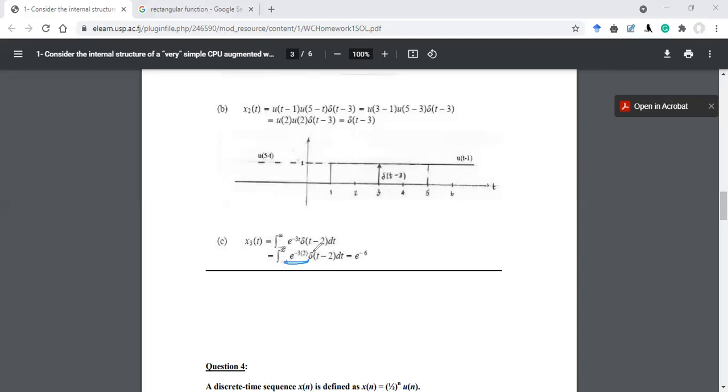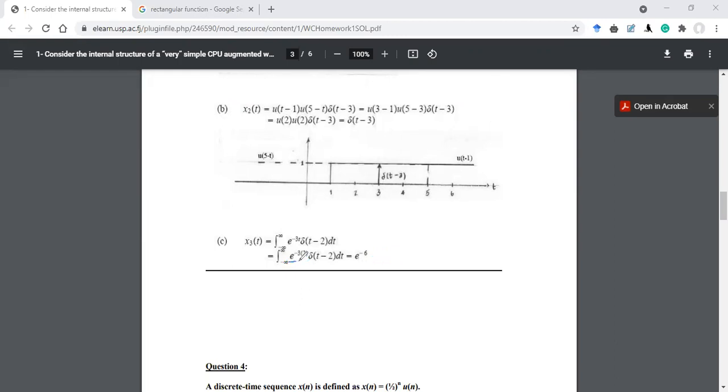The integral of an impulse function, or a delta function, is basically equivalent to 1, isn't it? So we are going to get e to the power of minus 6 multiplied by 1, which is basically equal to e to the power of minus 6. Are you getting it?